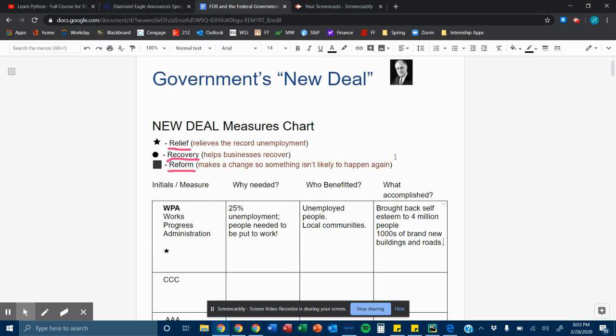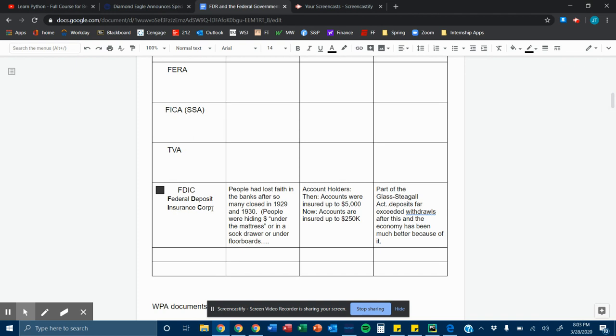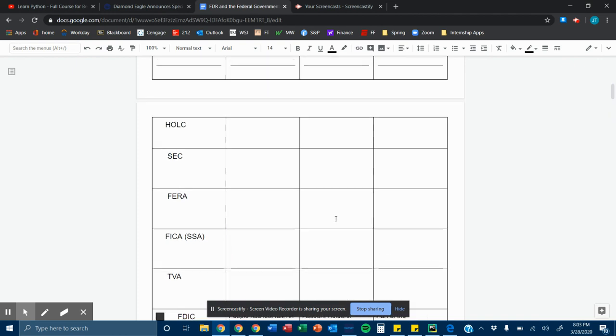So when Franklin Roosevelt, the new president, would go on the radio and in one of his fireside chats, as they became known, would explain these New Deal measures, they were all known by their long names: the Works Progress Administration, the Federal Deposit Insurance Corporation, the Tennessee Valley Authority.